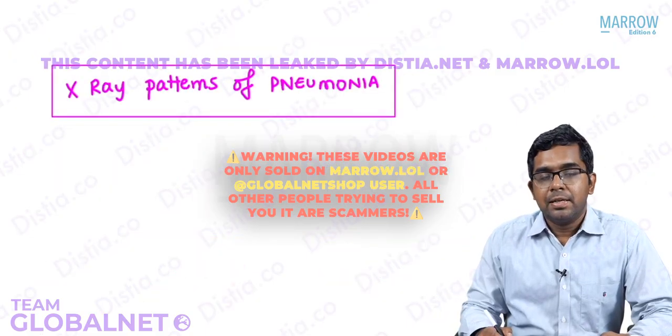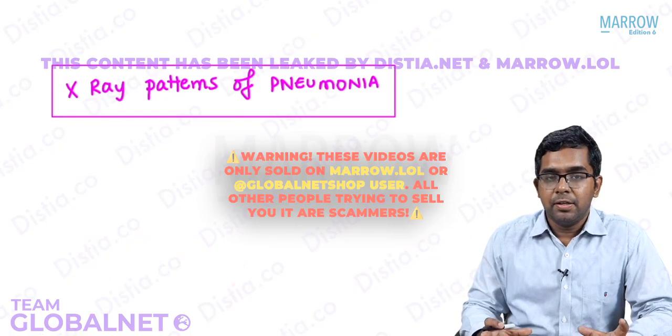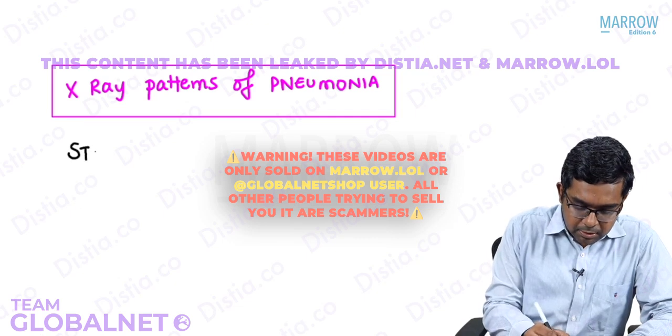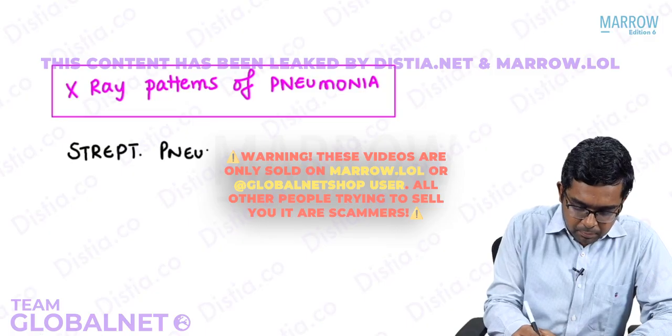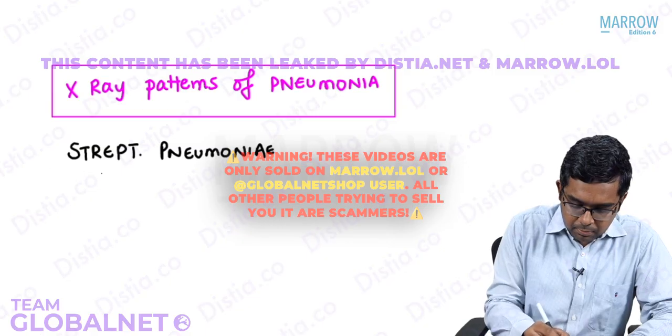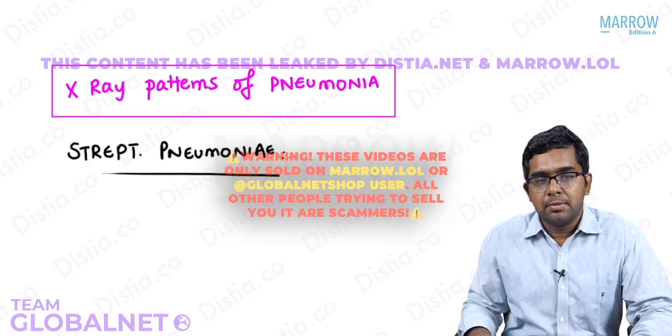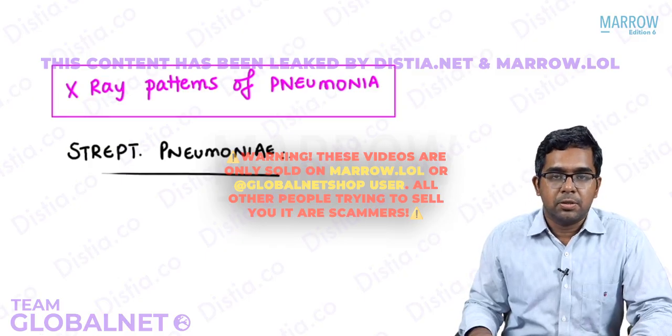Now let us look at X-ray patterns of different pneumonias. First is a pattern caused by the commonest organism. And what is that? Streptococcus pneumoniae. The pattern caused by this organism looks like this X-ray picture.